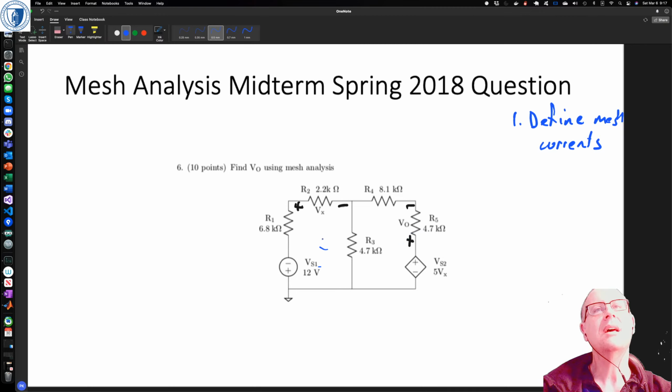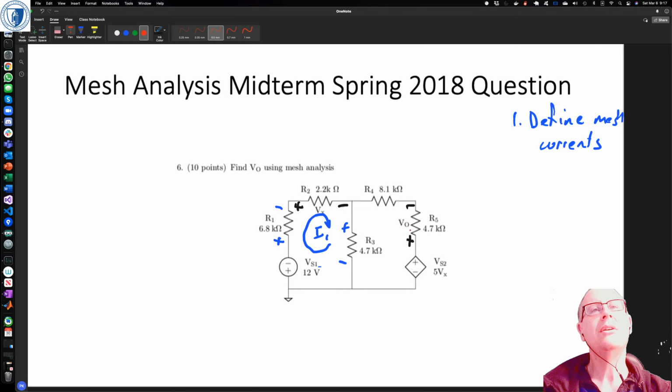In this case, it means choosing I1 going that way, so we're okay there and okay there.